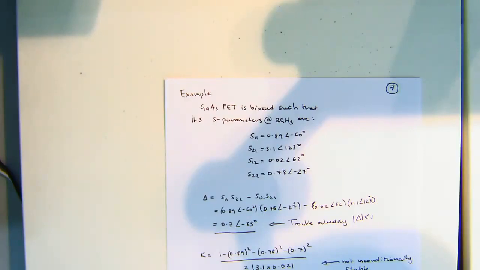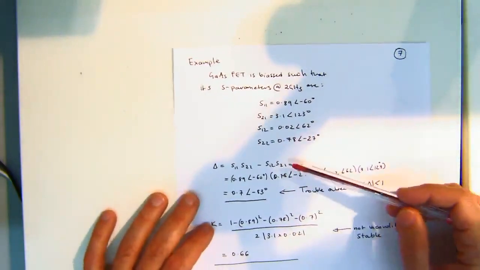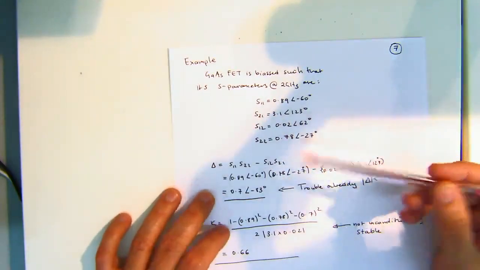What do I do in order to work out if the system's conditionally or unconditionally stable? We talked about it like 2 minutes ago. We do what kind of test? We do a K-test. Perfect. So let's do a K-test. We need to work out this determinant.